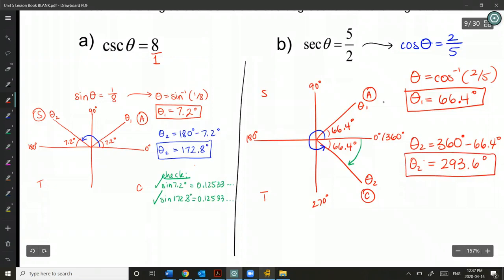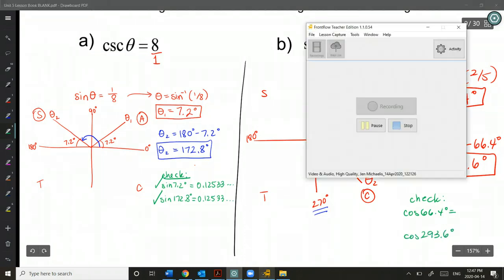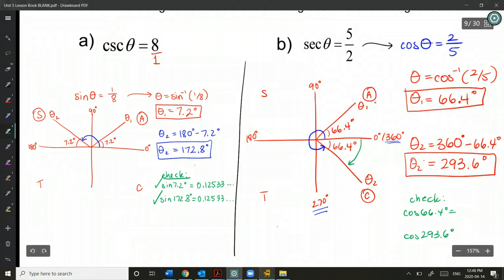Okay, this should be an angle, if I've calculated it correctly, that falls between 270 and 360, and this is, so that makes sense. Okay, we'll also do a quick little check of our work here by calculating the cosine of 66.4 and the cosine of 293.6. Sorry about that.